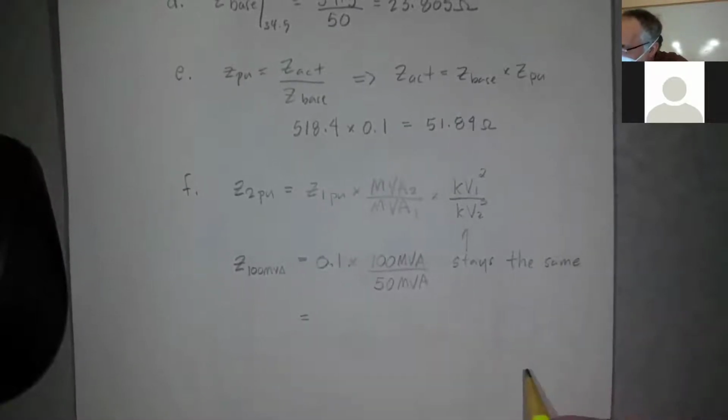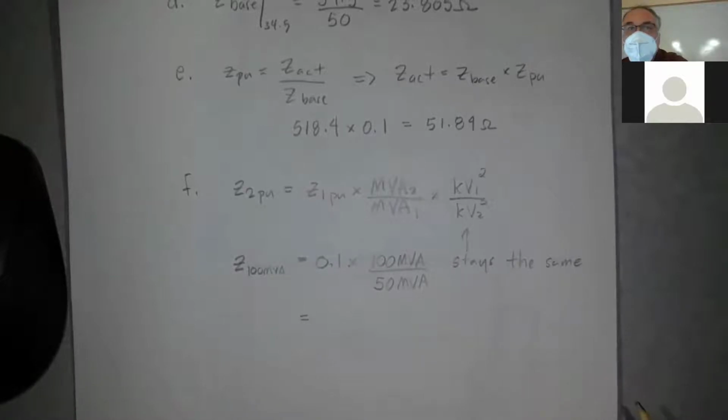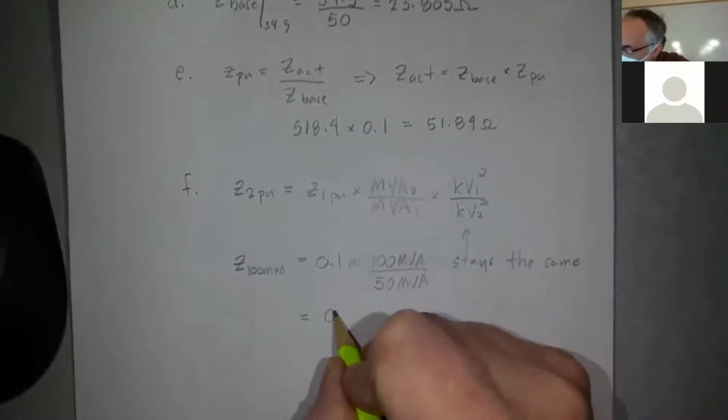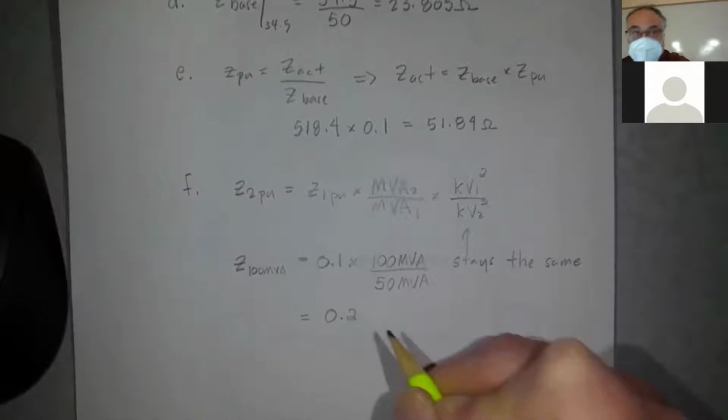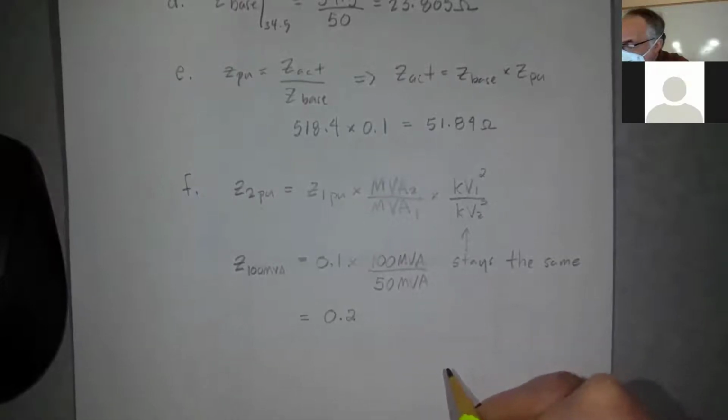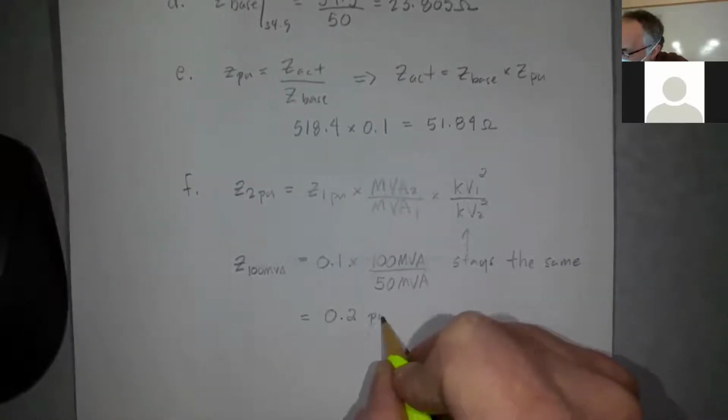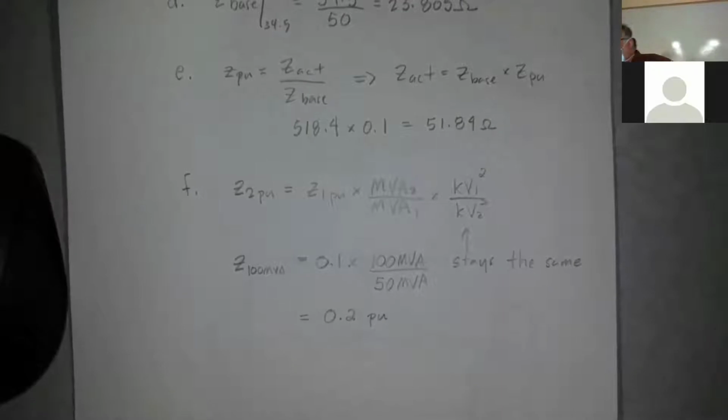So what is the new value going to be? I got 200 milli, okay. And another way to represent that would be 0.2, right? Per unit. There's no ohms or anything like that on there, okay?